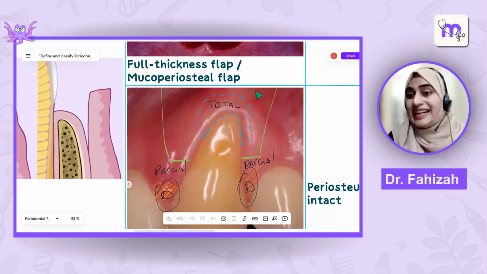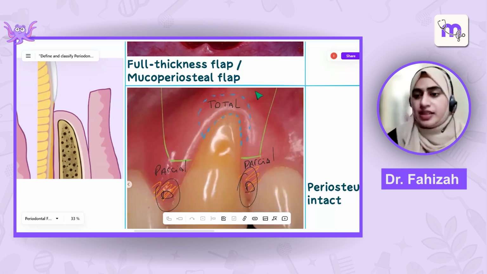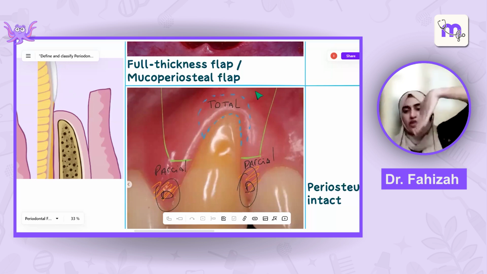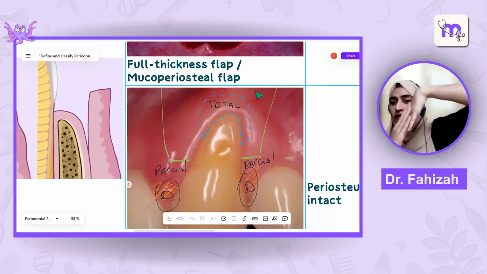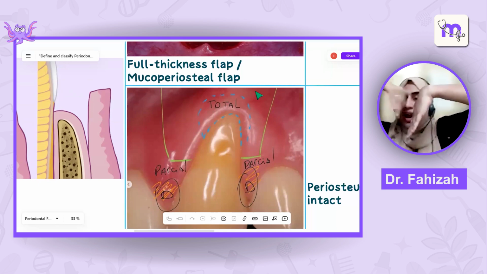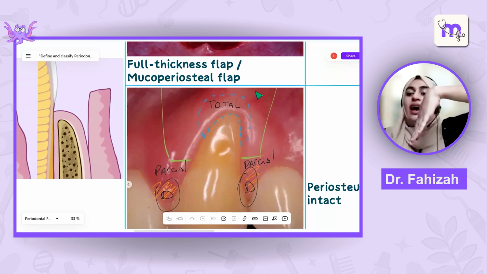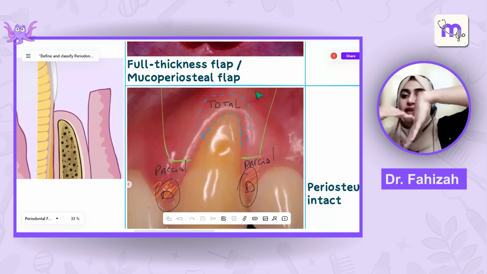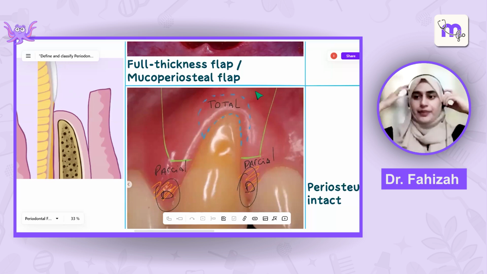Incisions to be at right angle to the epithelial surface. That means if this is your gingiva over here, and this is the underlying root and everything, it can't be like this, or it can't be like this. The incisions which you're putting, especially the vertical incisions, everything has to be at a right angle to the flap.